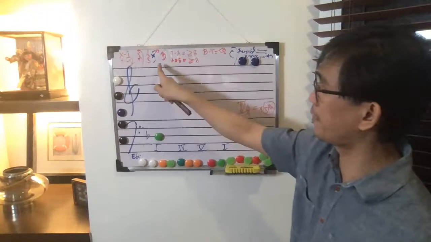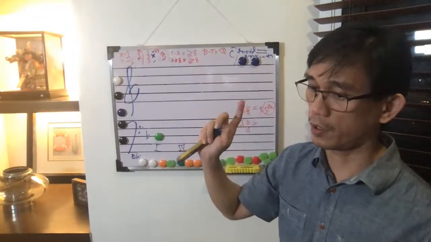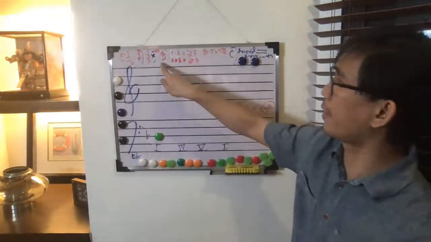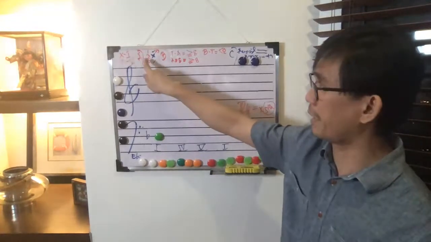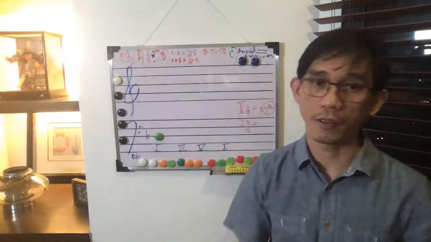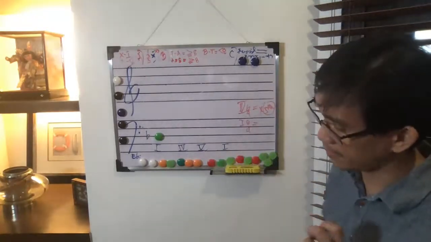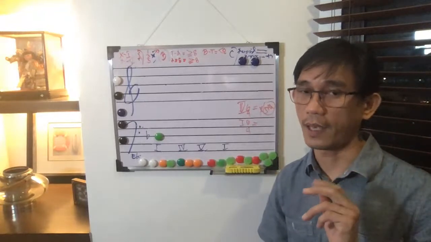You don't need the fifth, but it's always important to have the third. So it could be 1 1 1 and then 3. But it cannot be 5 5 5 and 3, because you cannot lose the tonic.